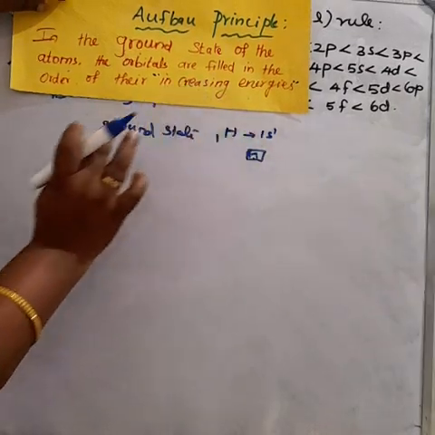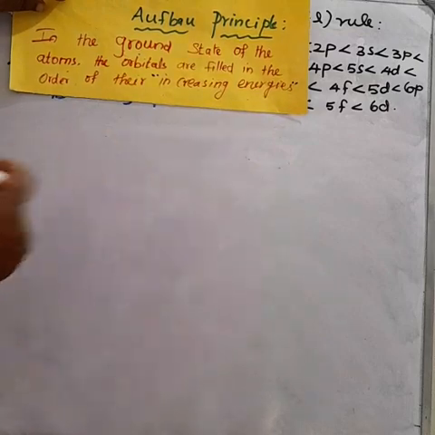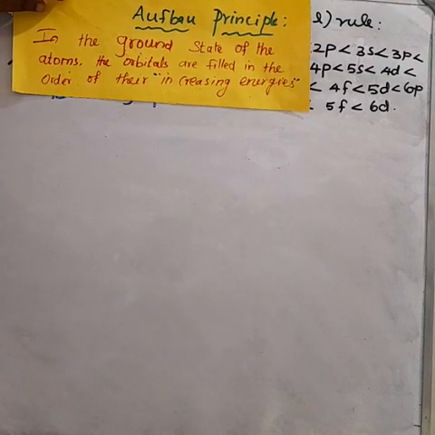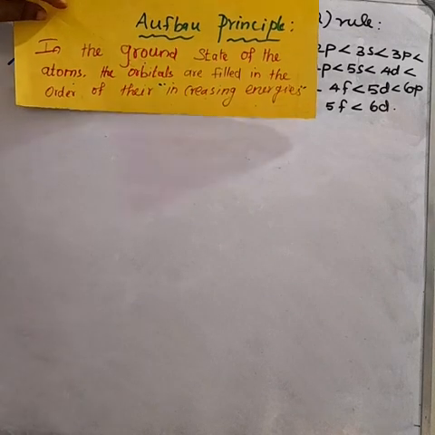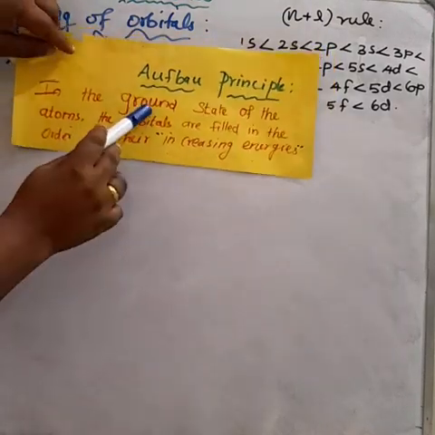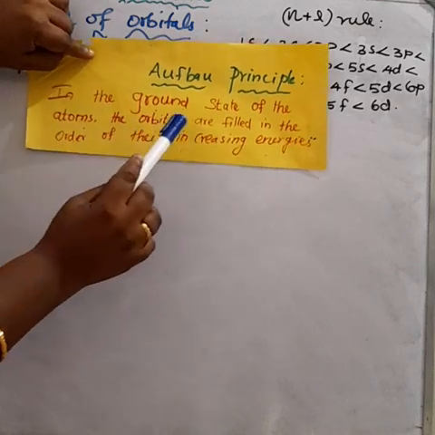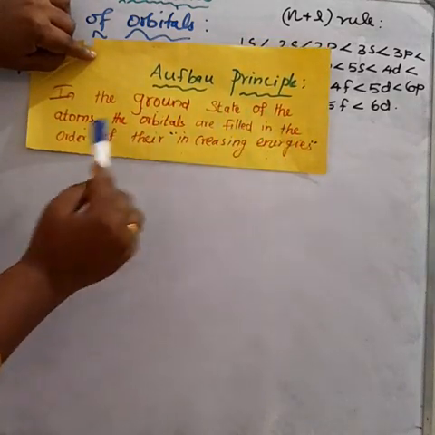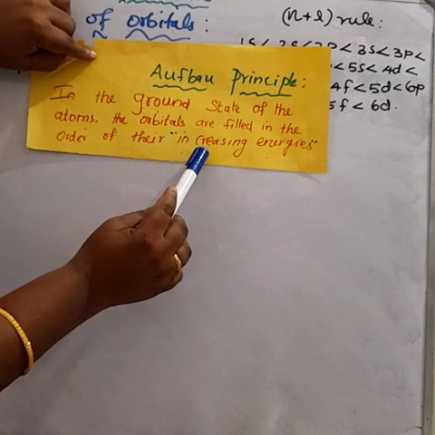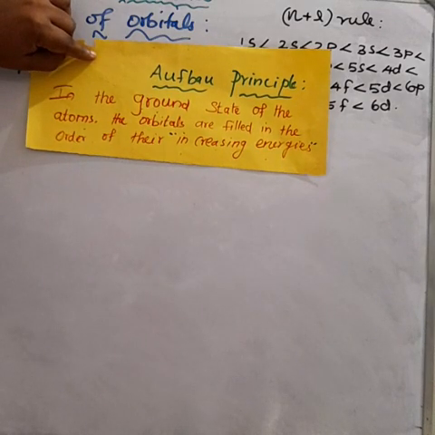If you apply external energy, a magnetic field or electric field, it will go to a higher energy state. So ground state means the lower energy state. In the ground state, the orbitals are filled in the order of their increasing energies. That is, the electrons first occupy the lowest energy orbital.